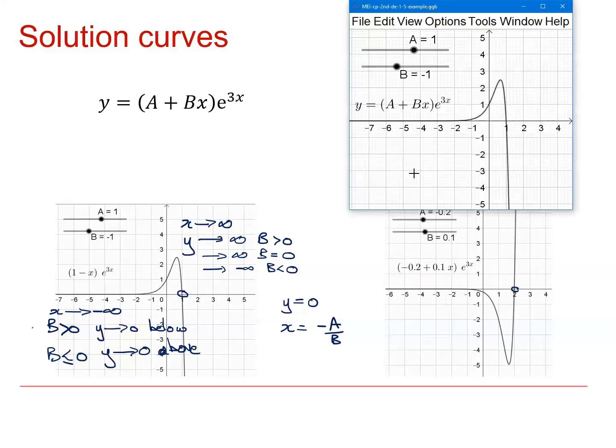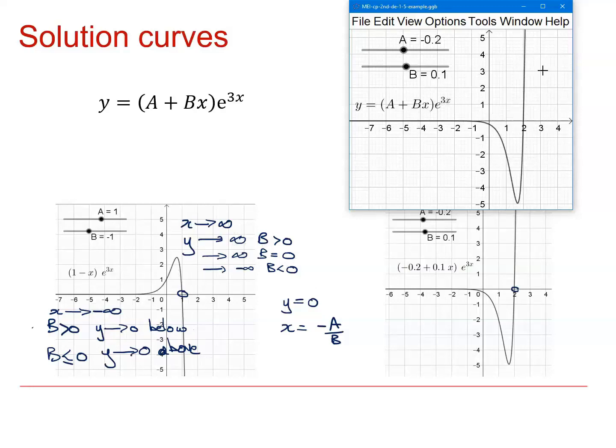Let's have a look at a dynamic plot of that. These are the parameters for the left-hand graph, and I can adjust them to give me the parameters for the right-hand graph. So drop this down to minus 0.2 and this one up to 0.1, and there we get the right-hand graph. Now we could just check some of these. So what happens when b is positive?